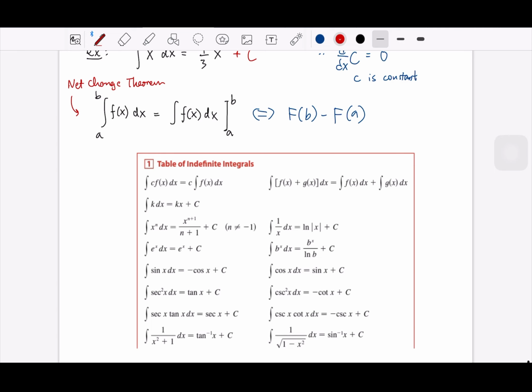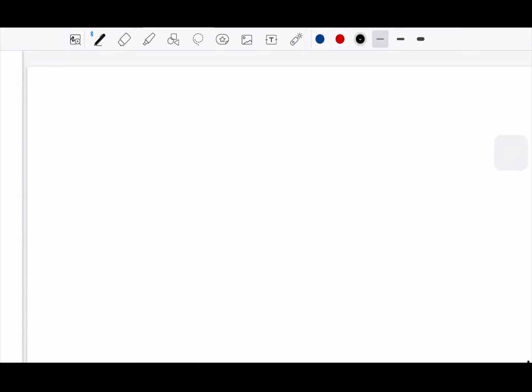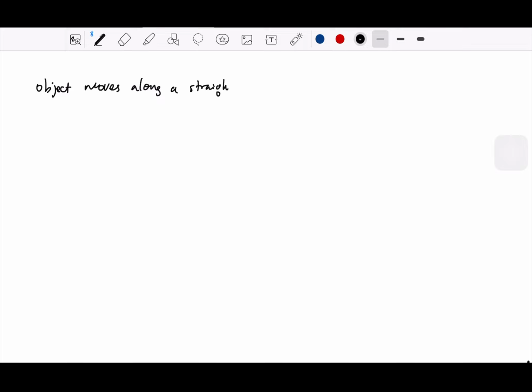So let me go through the new page. Let me introduce you to, let's say, an object that moves along a straight line with position function s(t).